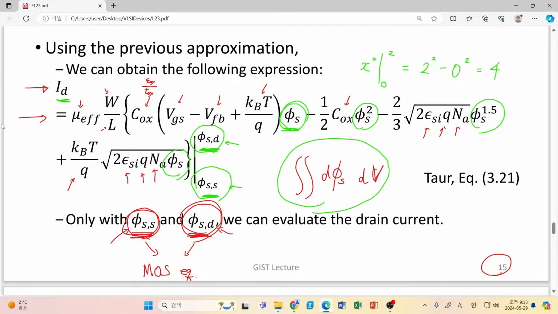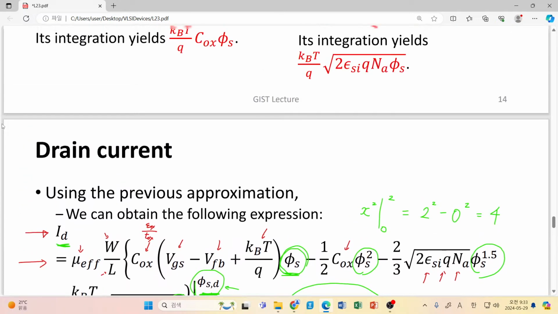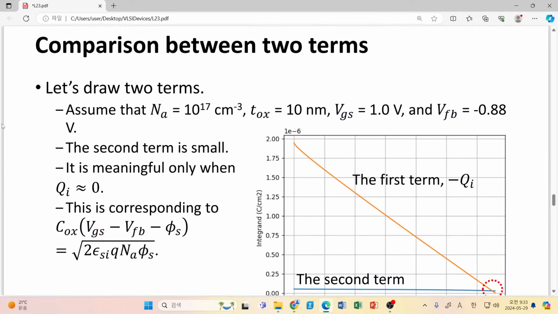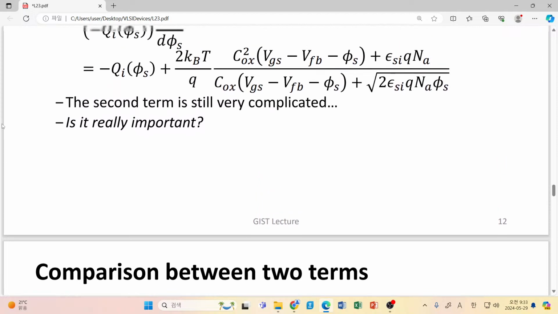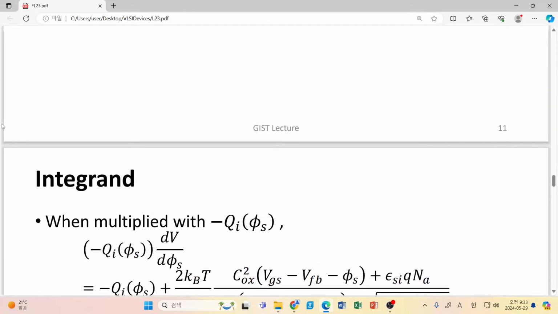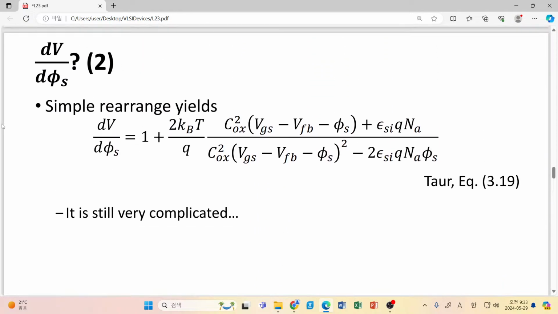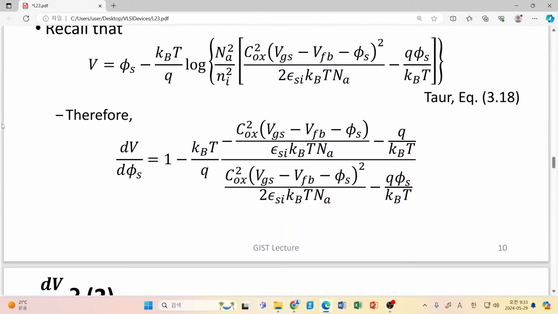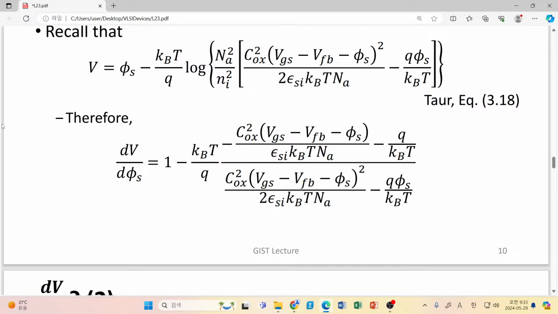I hope that this was a good motivating discussion for this seemingly long procedure. Why do we bother with this kind of long derivation? Because in MOS modeling, calculation of drain current is the most important one.